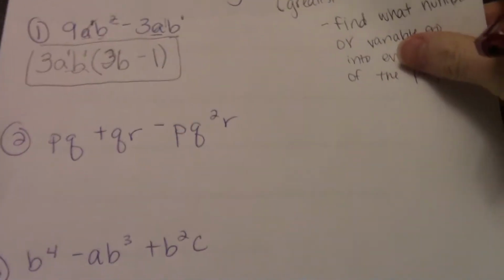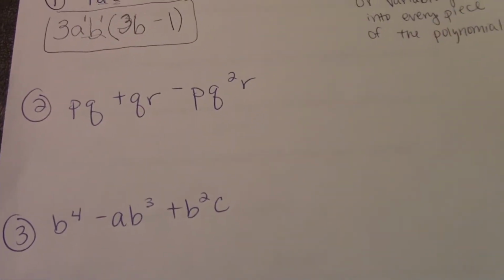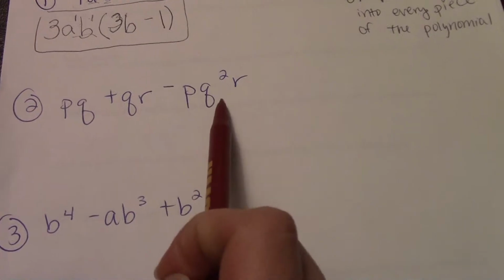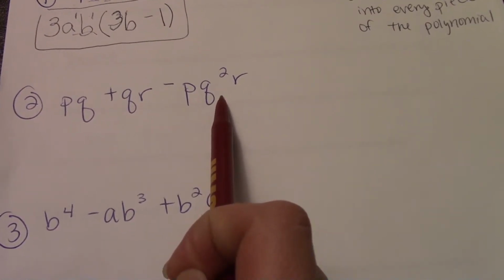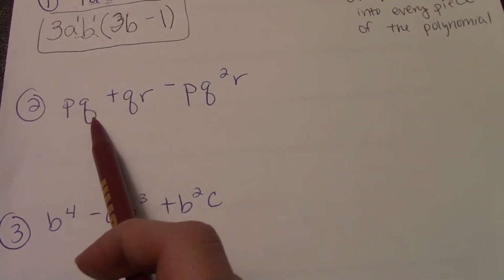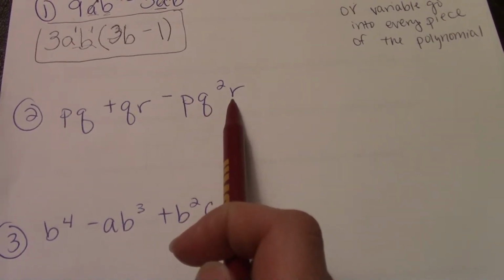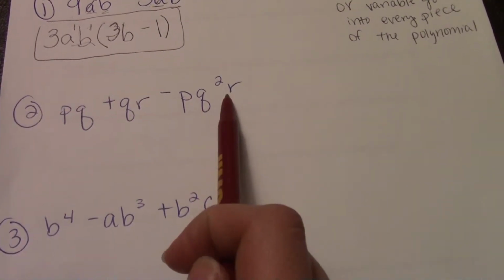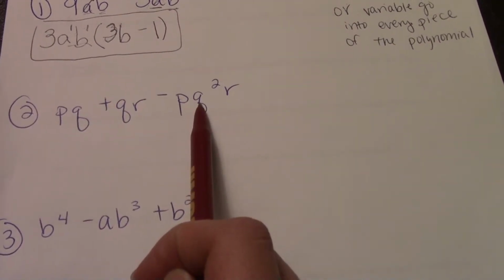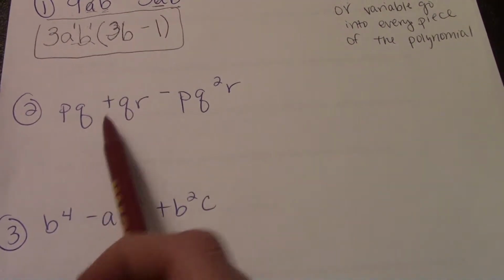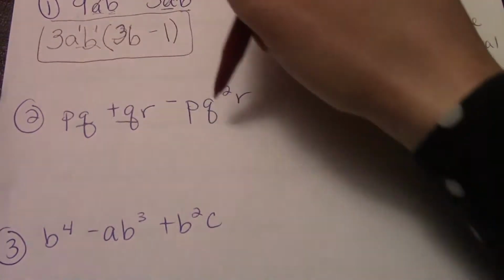Now let's look at number 2. Well, we don't have any numbers here, so let's just see what letters go into each. We'll have a PQ, and I have a QR, and a PQ squared R. Well, I only have R's in the back 2, and I only have P's on the outside 2, which means there's a Q in every single one.